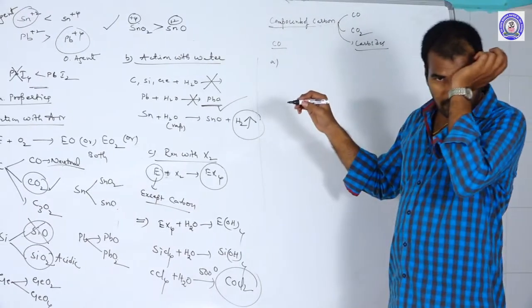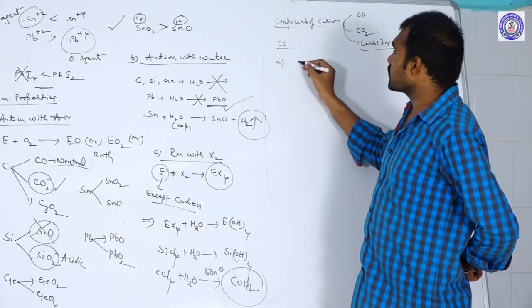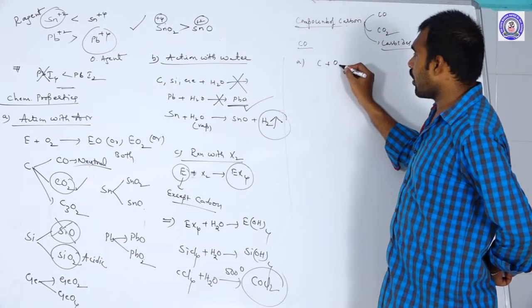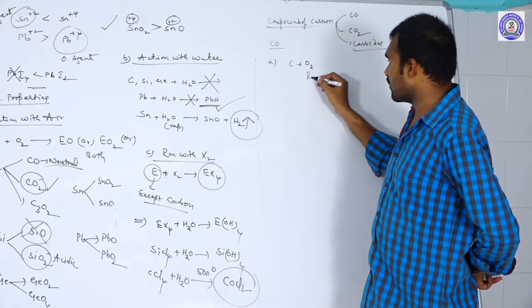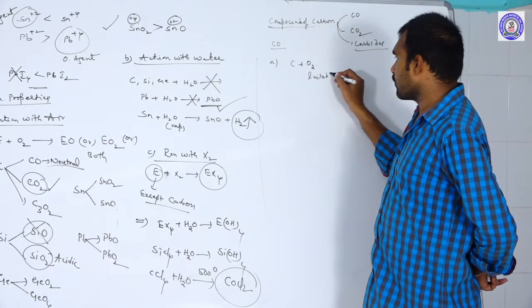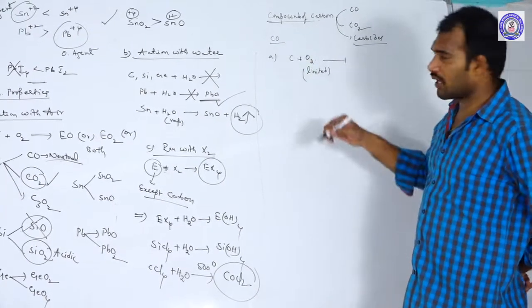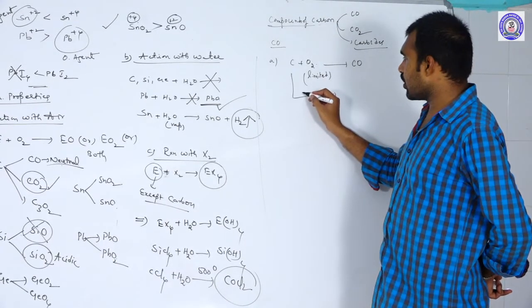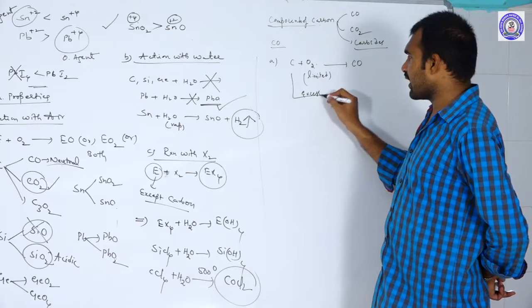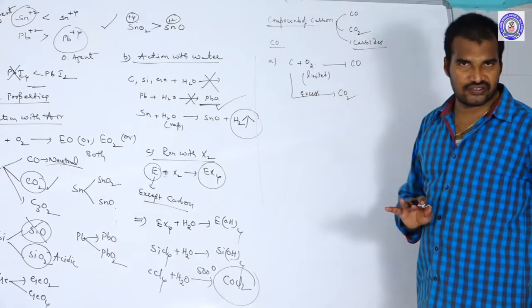As we know, the preparation method of carbon monoxide: when carbon is oxidised with a limited supply of oxygen, we get carbon monoxide. Suppose if you send the oxygen in excess amounts, then we will get carbon dioxide. That's it.